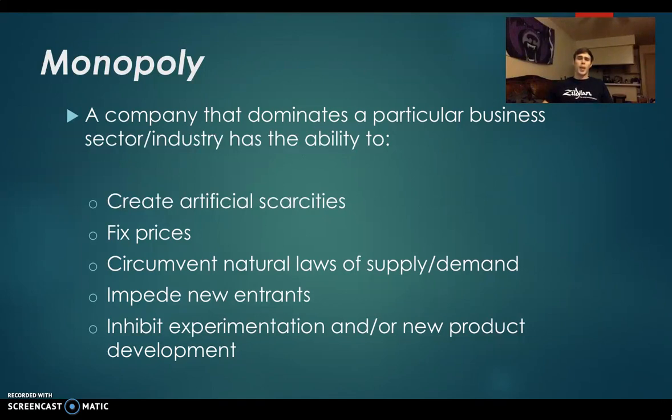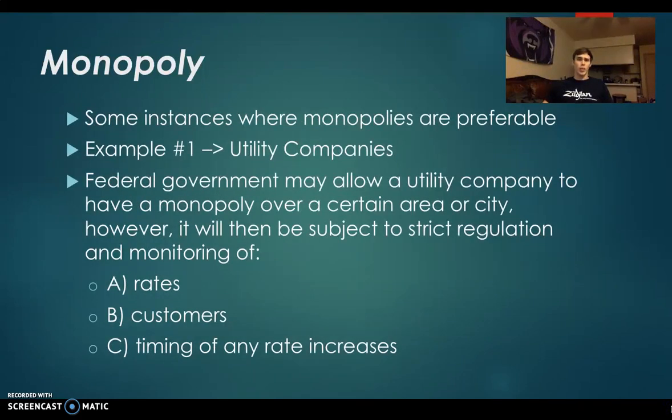So monopolies are bad in general, but there are a few circumstances where a monopoly might be acceptable or even preferable. For example, utility companies.